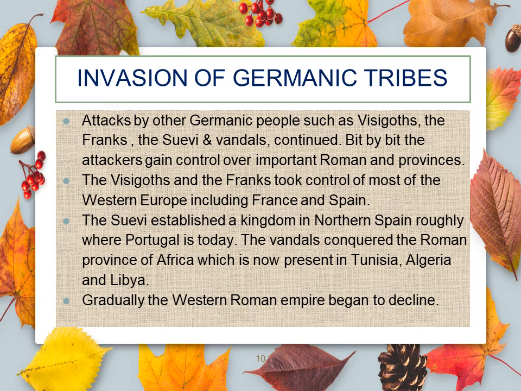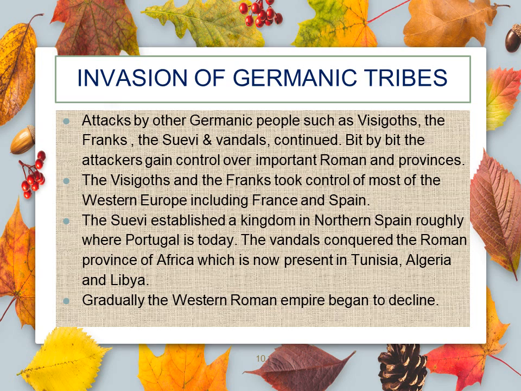The Visigoths and the Franks, which is again a tribe, took most of the regions of Western Europe, including present day France and Spain. The Sueves established their kingdom in present day northern Spain, roughly where Portugal is today.